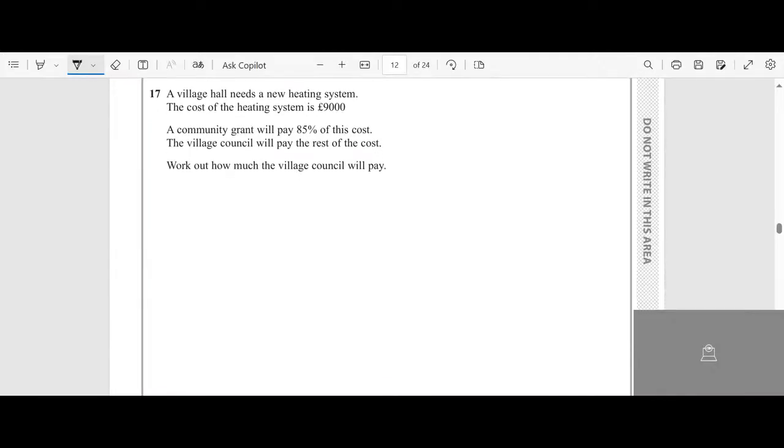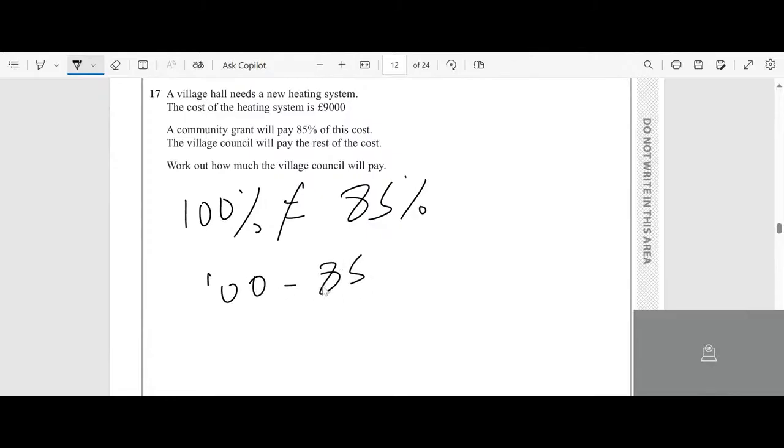Question 17, you are told that the village hall needs a new heating system. The cost of the heating system is 9,000 euros. A community grant will pay 85% of its cost. The village council will pay the rest. So if it's supposed to be 100% and the grant will pay 85%, how much is left? 100 minus 85%.